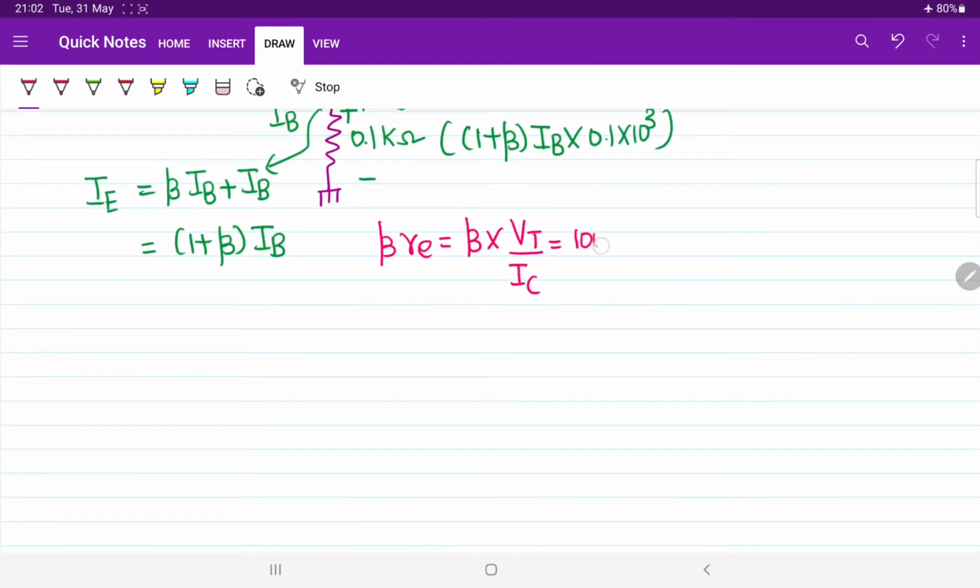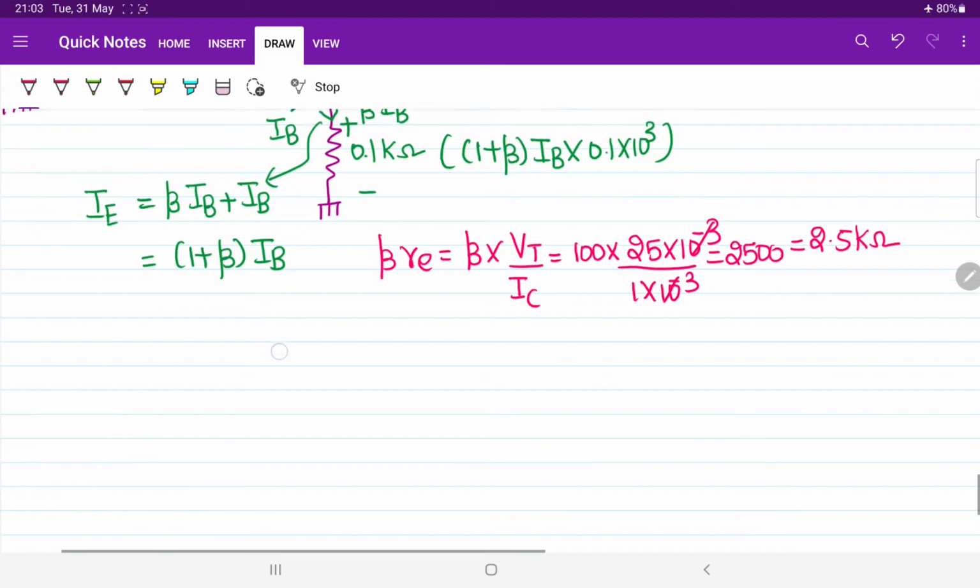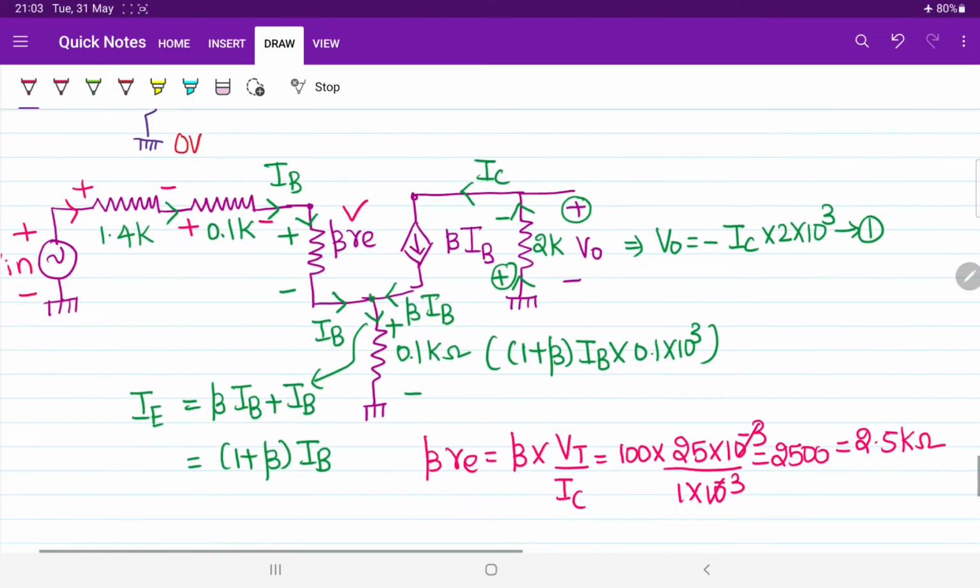This is 100, this is 25 millivolt, milli means 10 power minus 3, collector current is 1 milliampere, 10 power minus 3, it will get cancelled out. Further I can write 25 into 100 will become 2500, or I would like to write this also in kilo ohm. So 2.5 kilo ohm, that is the value of overall beta into RE. So we have explored the value of beta into RE also.